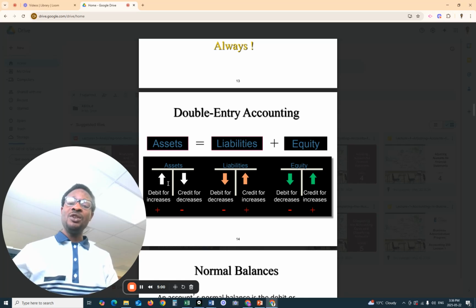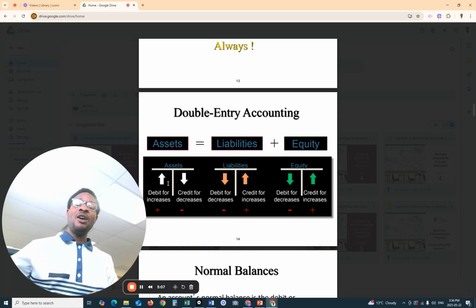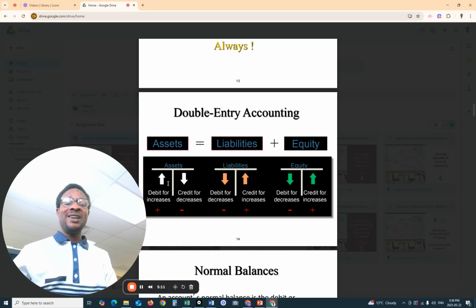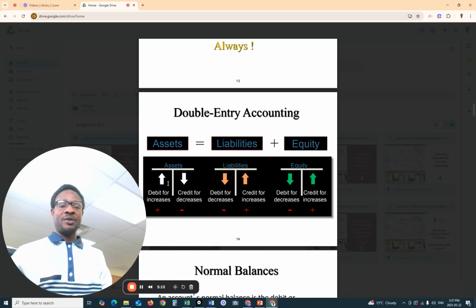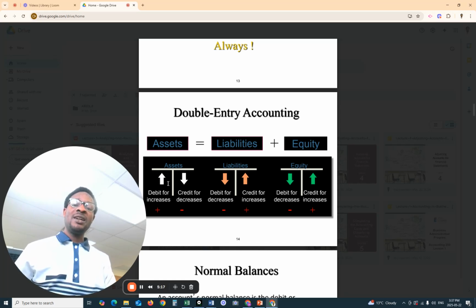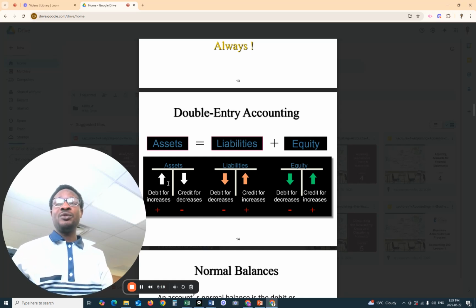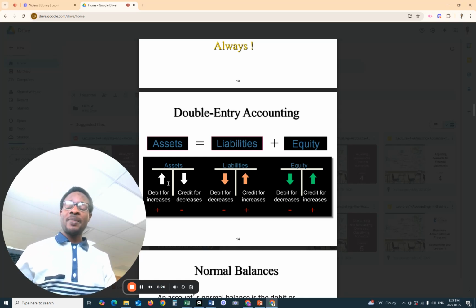So when new assets, new inventories, new cash, new property, plant, and equipment are obtained or purchased by the business, the debit side will be the entry because the asset will go up. On the other hand, if an asset is no more of good use, or it's old, or you want to exchange it, or you want to sell it off, that's disposing it, it will reduce the asset. It will be the credit side.